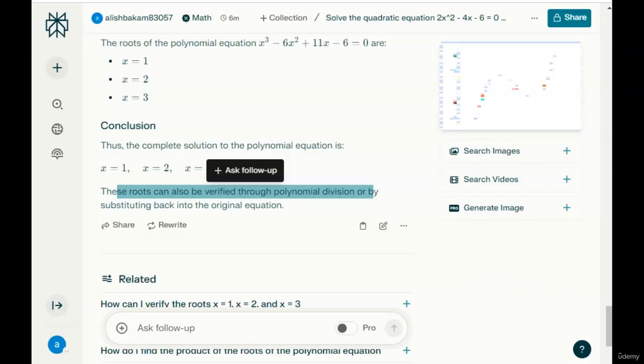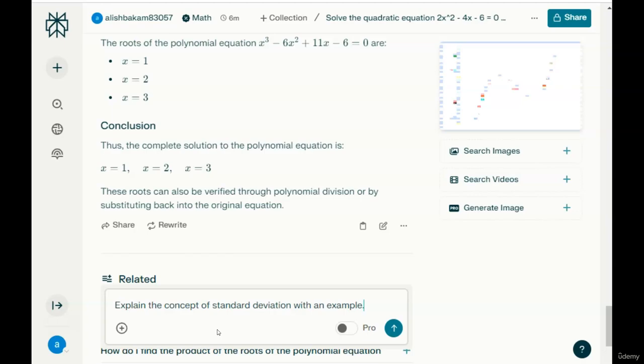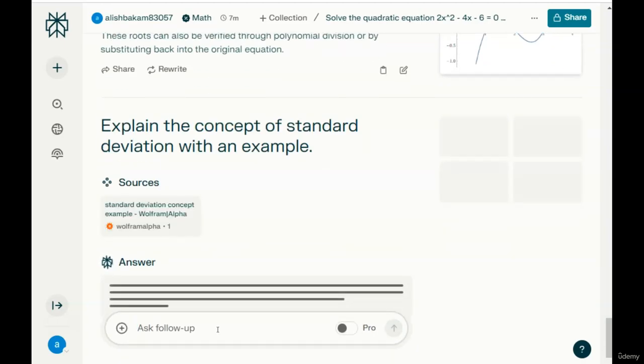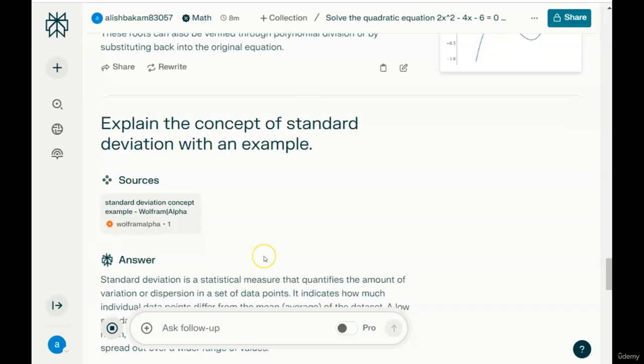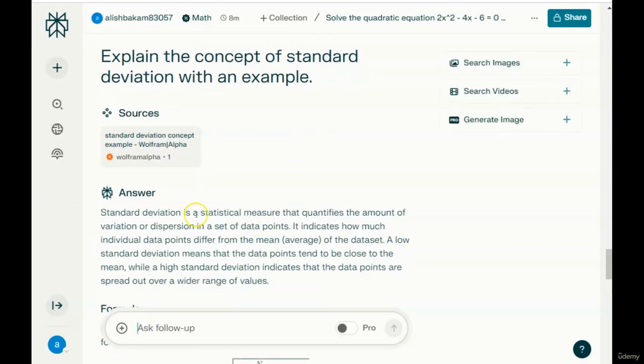If you want to understand a statistical measure, you can type a query that says, explain the concept of standard deviation with an example. Now the AI will provide an explanation along with an example. It says standard deviation is a statistical measure that quantifies the amount of variation or dispersion in a set of data points.